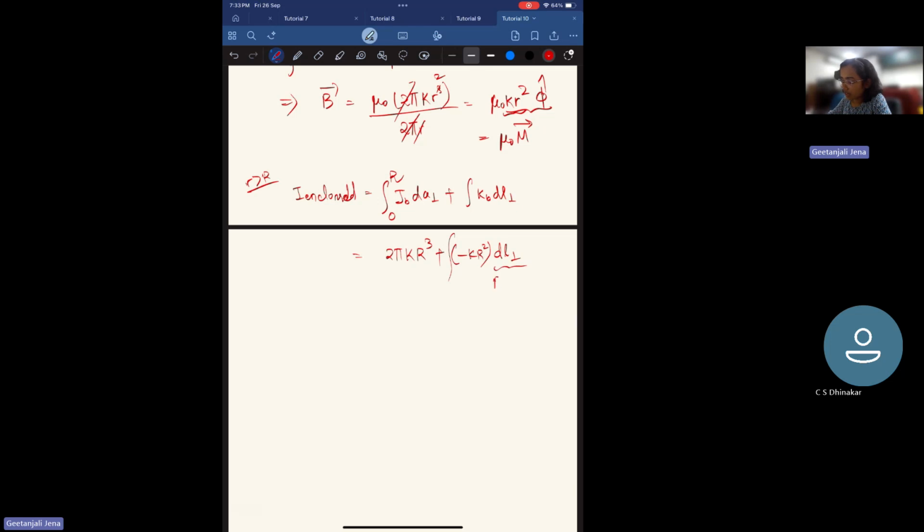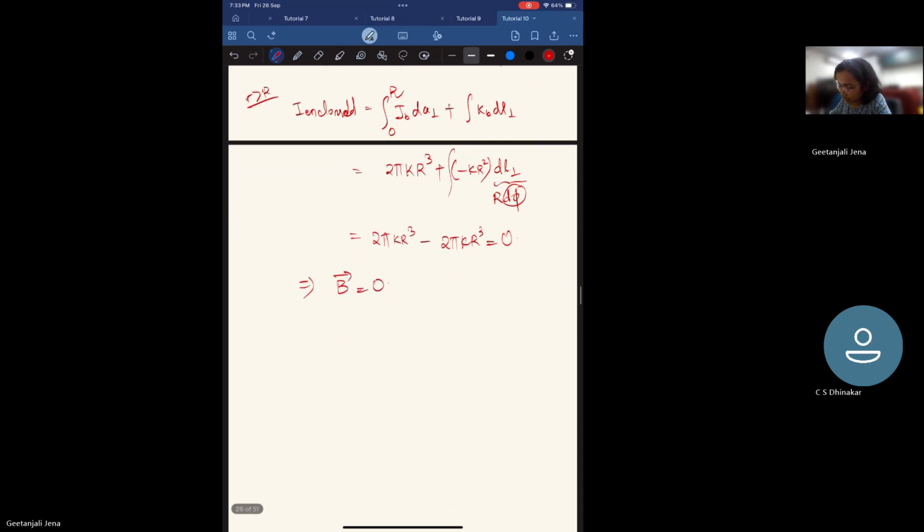The length element is R dφ. This is 2πk R³ minus 2πk R³, so the total current is 0. So B should be 0. B is 0 for r greater than R, and this is μ₀ M for r less than R.